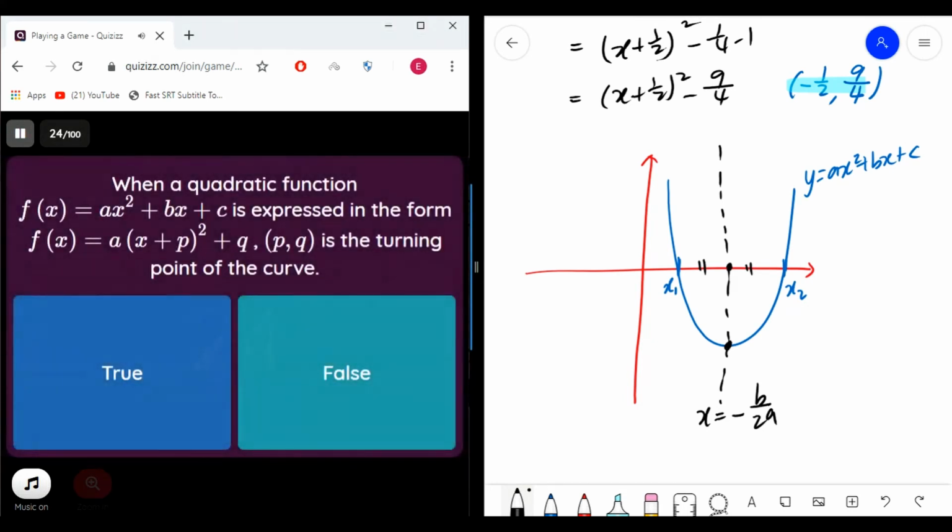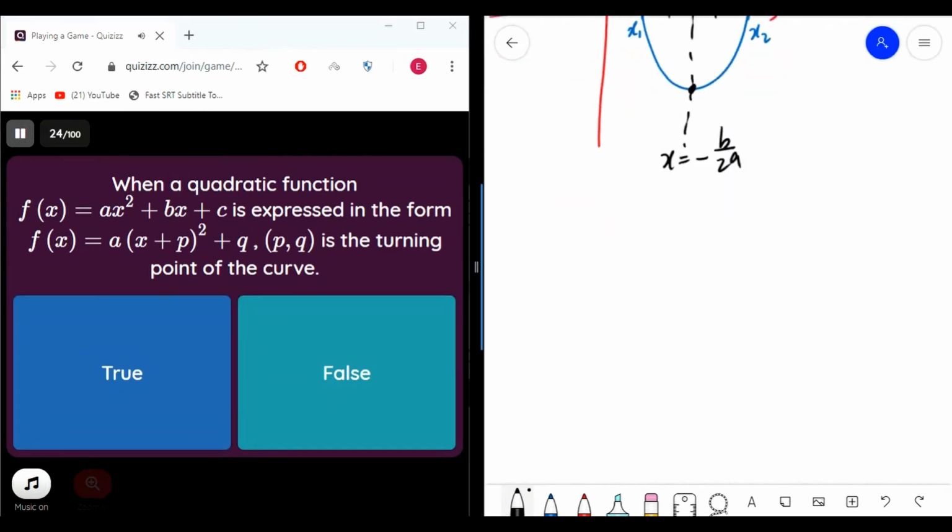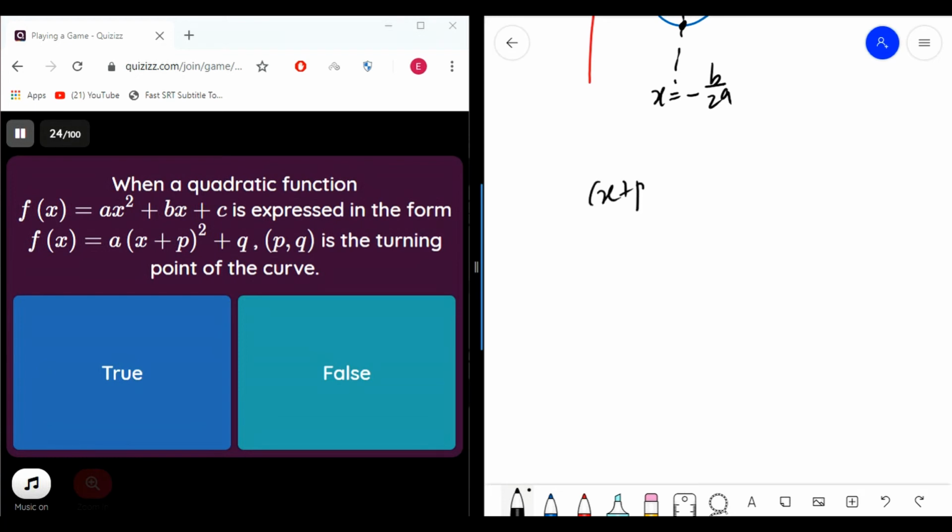Number 34. When the quadratic function f(x) equals to ax squared plus bx plus c is expressed in the form of f(x) equals to a(x plus p) squared plus q, (p, q) is the turning point of the curve. This is another careless mistake that we always make. To find the x coordinate of vertex, we will let this square term, which is the (x plus p) squared, be 0.